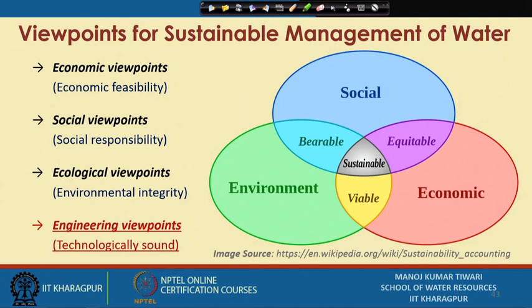So, whether a system is economically viable, or if you talk about resource generation, finance generation, whether it is equitable or not. Those kinds of things are seen here. Then there is a social viewpoint which talks about the social responsibility of the water management systems, because eventually the water management systems have to benefit the society.